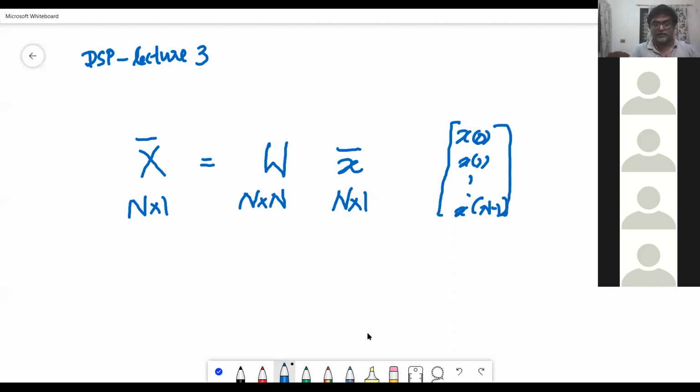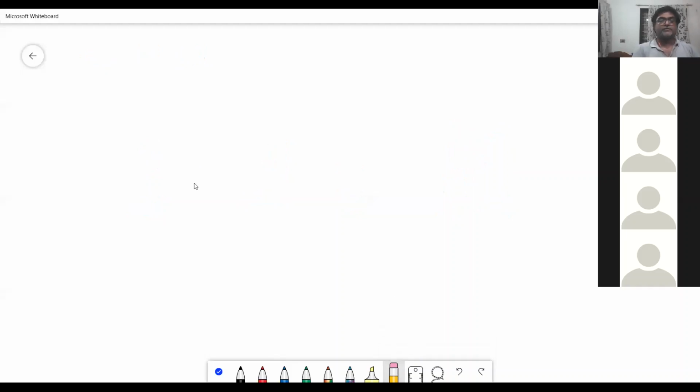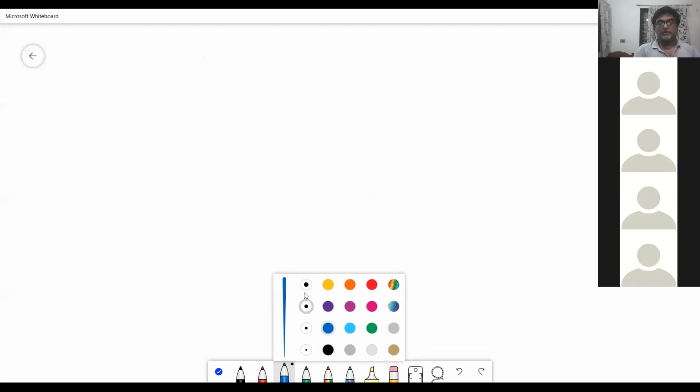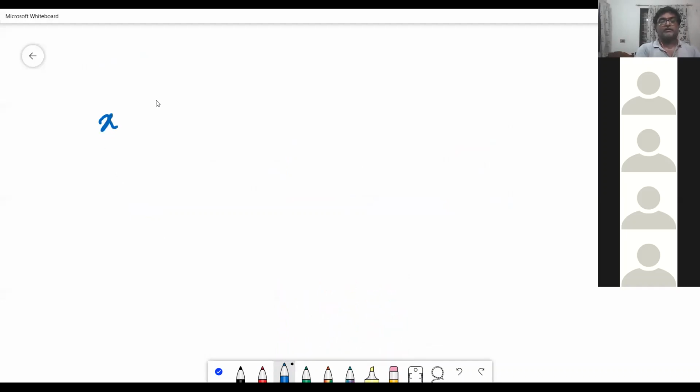We will write a similar expression for the IDFT also. So for the IDFT, it should relate x to capital X. So you should have some W inverse, right?